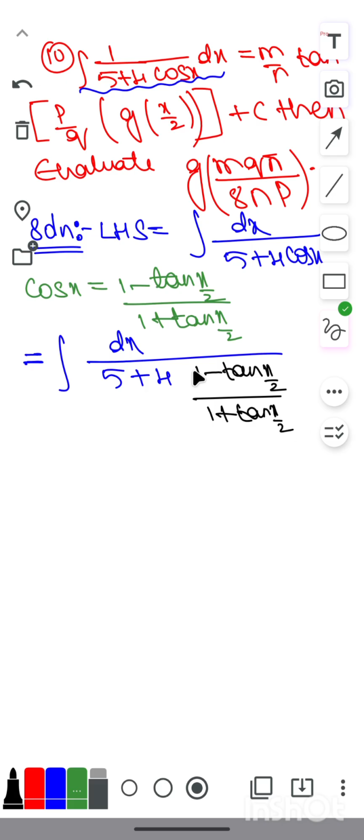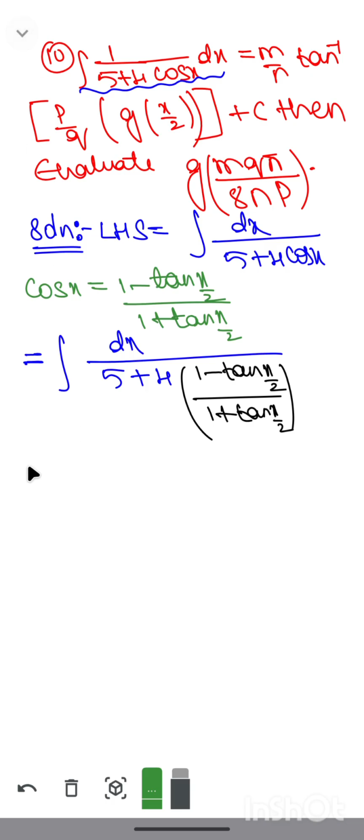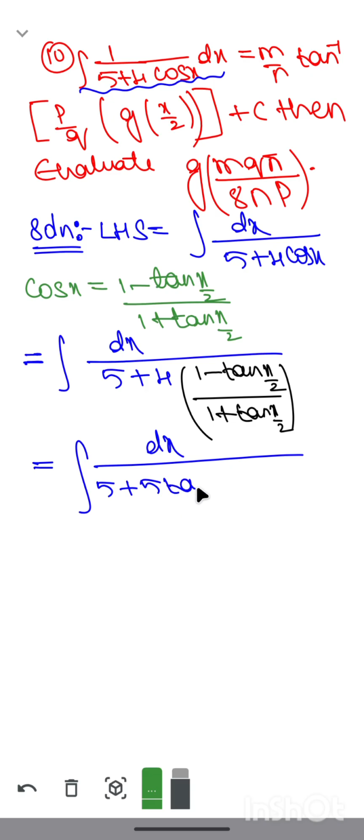Now you can take LCM in the denominator and let us think further what we can do. So when I take LCM in the denominator, integration of dx in the numerator will remain the same, whole divided by 1 plus tan square x by 2 into 5 is nothing but 5 plus 5 tan square x by 2, plus 4 minus 4 tan square x by 2, whole divided by LCM value.